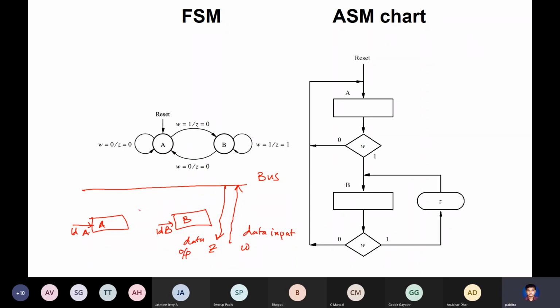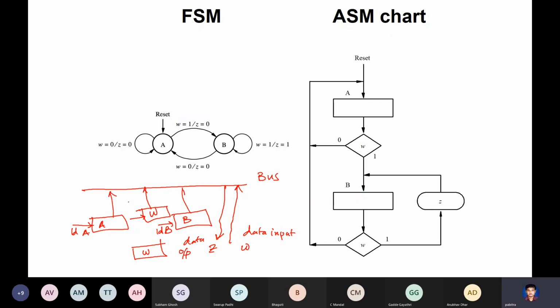So I'll need maybe a comparator for W, which will check whether W is 1 or 0. It's not really a comparator. Maybe I can use it as a line also, where you have your W, then you have a line which checks the value of W.